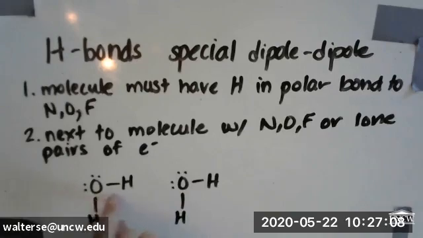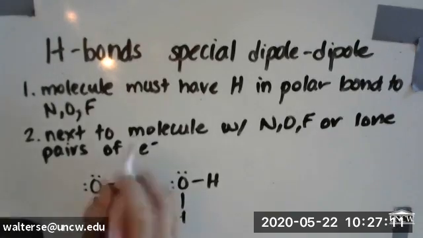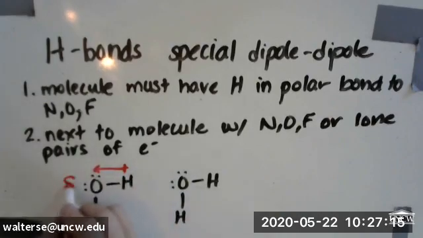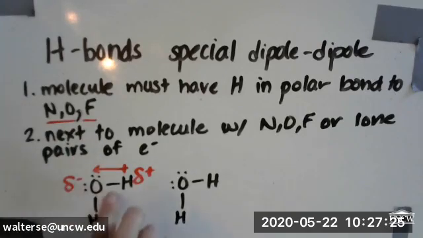Oxygen to hydrogen bonds are polar in the direction of the oxygen atom. So the oxygen is a little bit negative, the hydrogens are a little bit positive. This oxygen is one of these elements that you have to look for in order to say that this bond is polar enough to participate in hydrogen bonding.